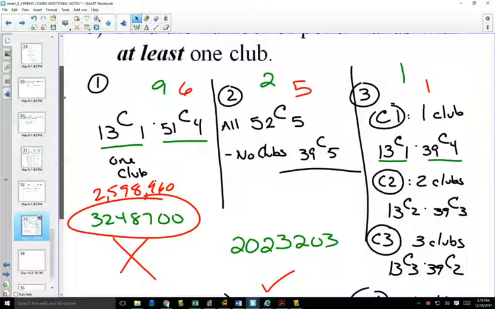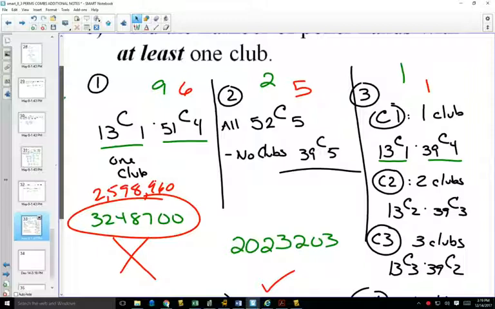Okay? Does that make sense? Okay, so I'm imagining 2.6 million poker hands all spread out all over the place. And then I go through those 2.6 million and I take out the 57,000 that have no clubs. What's going to be lying on the floor?